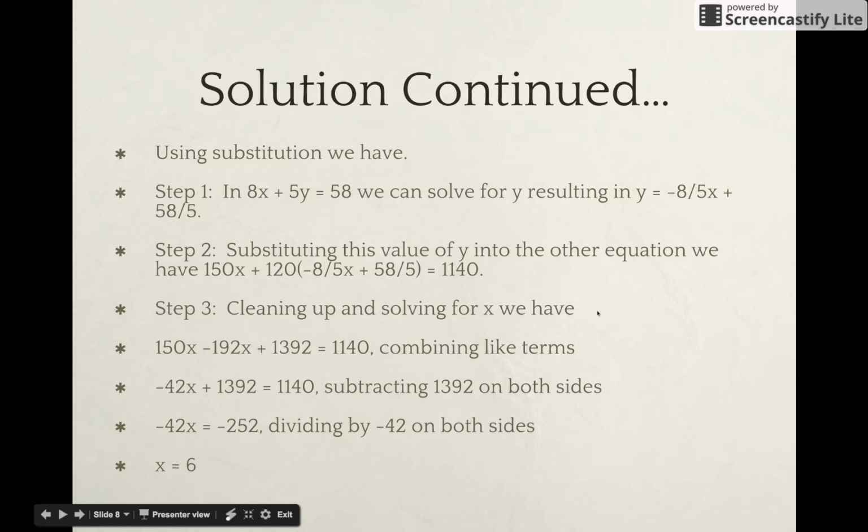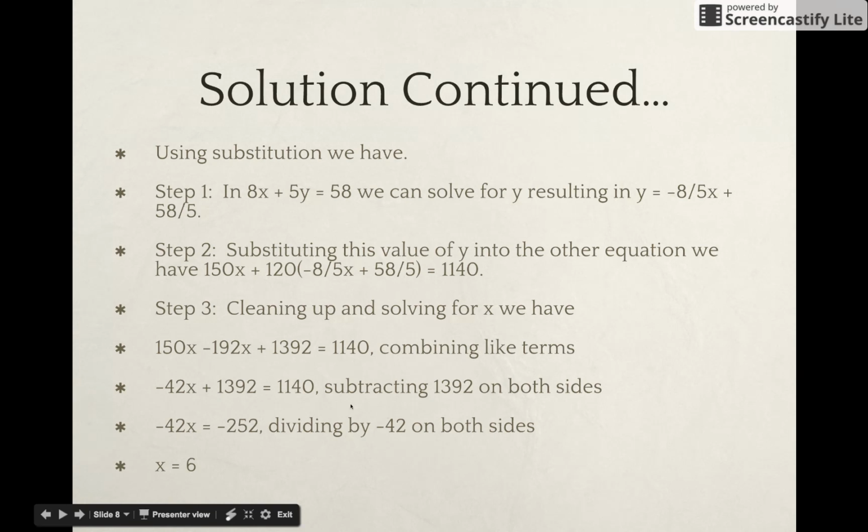Step 3, we'll clean up and solve for x. We're going to first distribute the 120. That results in 150x minus 192x plus 1,392. That's equal to 1,140. We'll combine like terms, and we have negative 42x, that's a result of subtracting 192x, plus 1,392 equals 1,140.